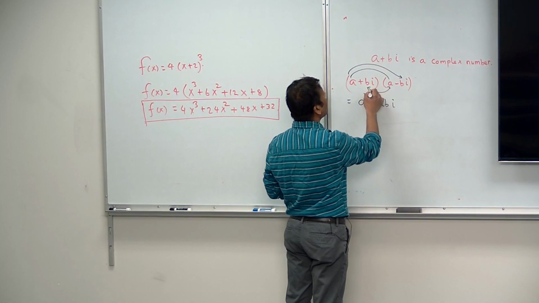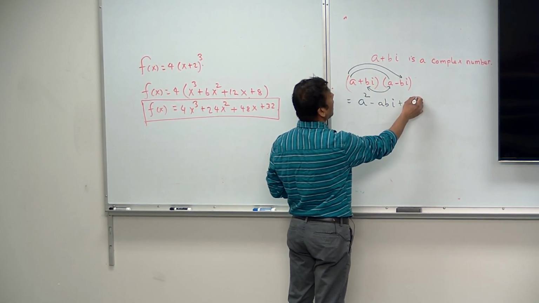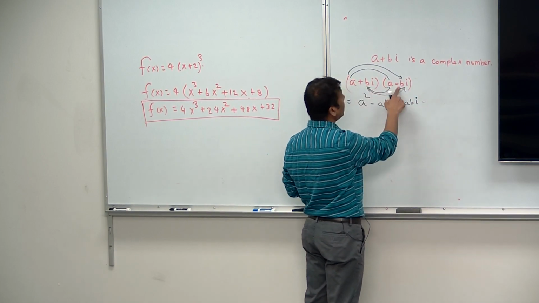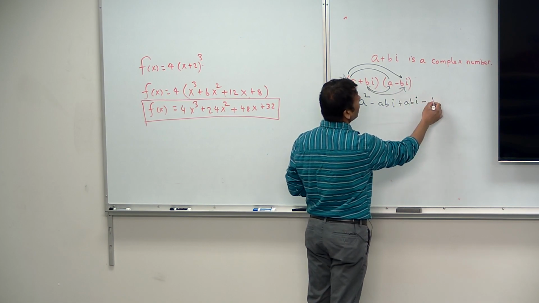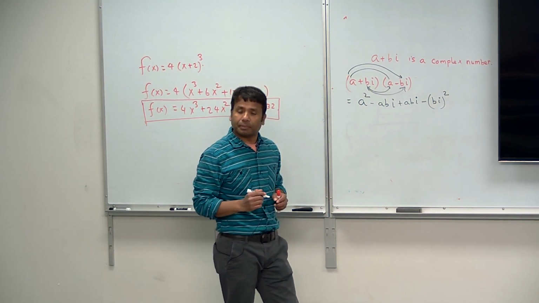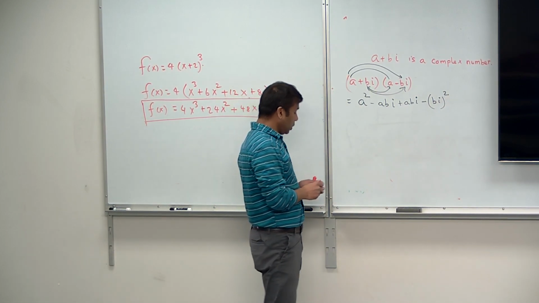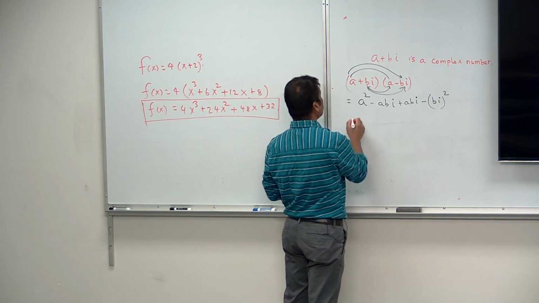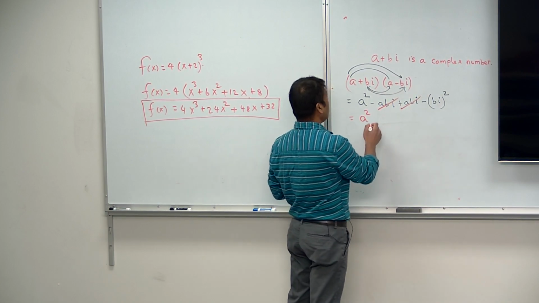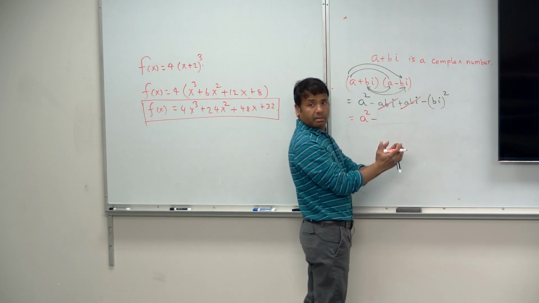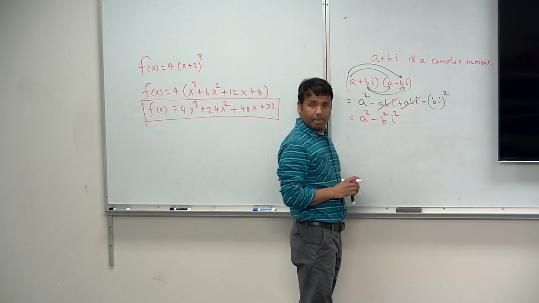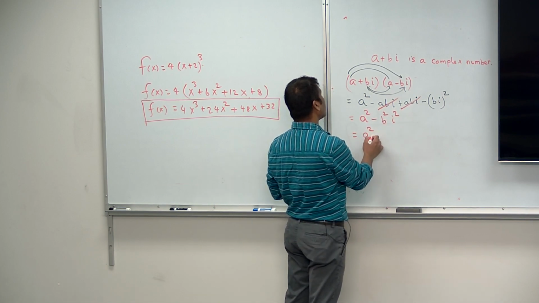You multiply bi and a, it's going to be positive abi. And you multiply positive bi and negative bi, so that is negative b squared i squared. Does that make sense? So now you see a squared, and the abi terms you can cross out. So this is a squared minus b squared i squared. Agree?